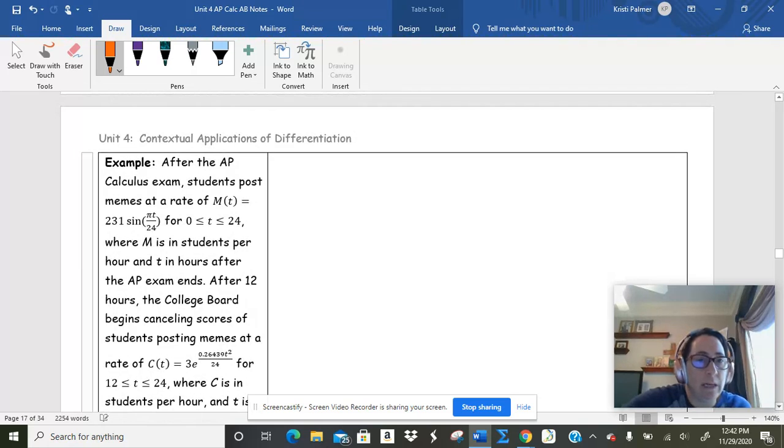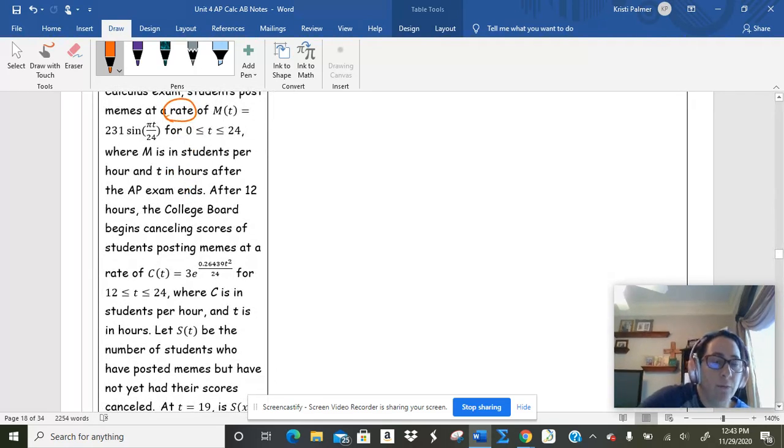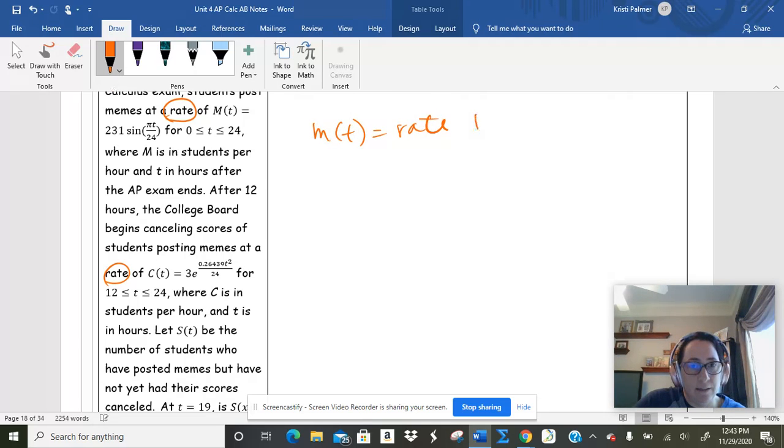So this one now is telling me the rate at which students post memes. And then this is the rate at which College Board cancels their scores. So M of T is kind of like rate in.